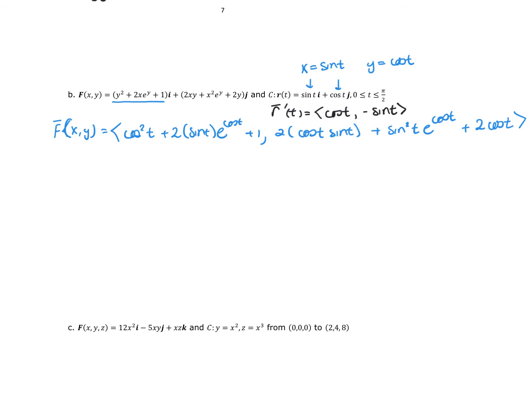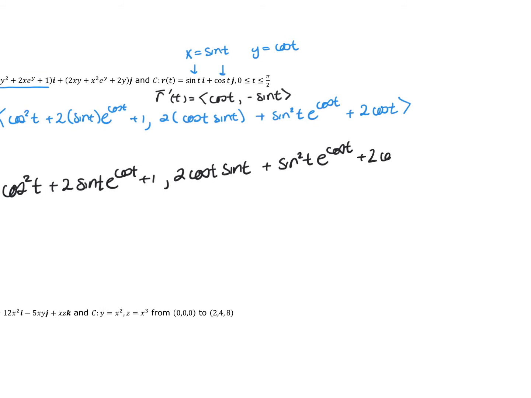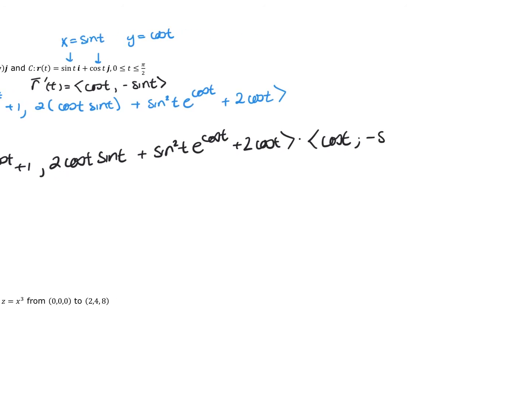My integration is already set up for me. I know my t is going to go from 0 to pi over 2, and then it's going to be the dot product of cosine squared of t plus 2 sine of t e raised to the cosine of t plus 1, comma, 2 cosine of t sine of t plus sine squared of t e raised to the cosine of t plus 2 cosine of t, with cosine of t, comma, negative sine of t, dt.